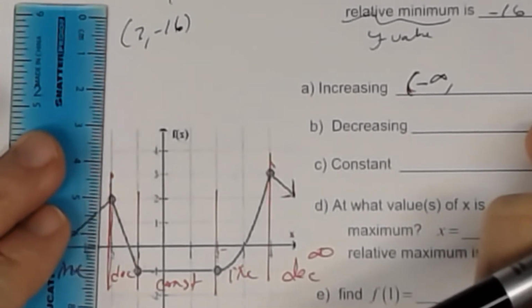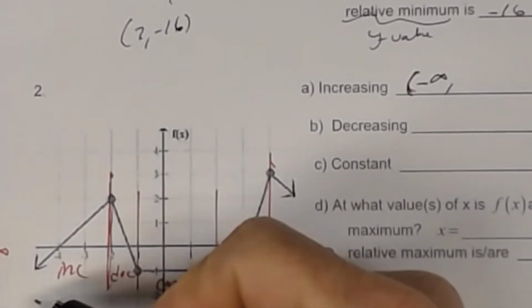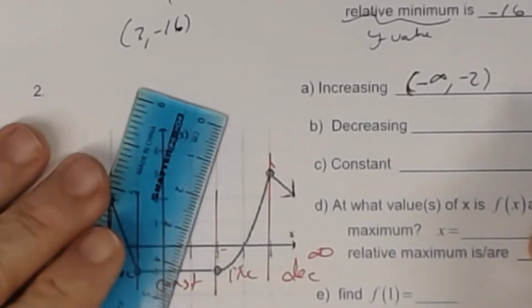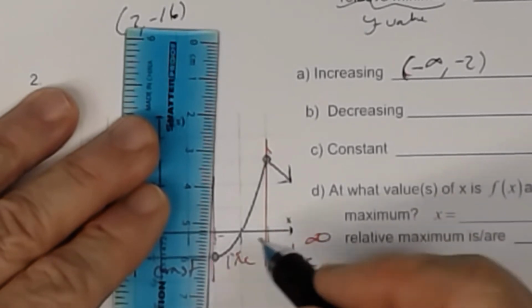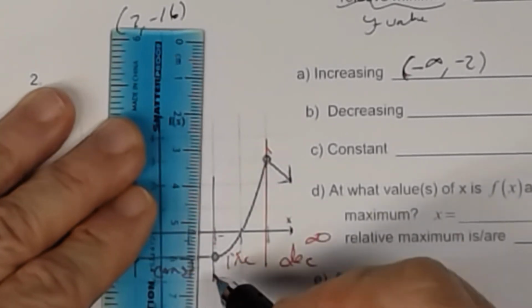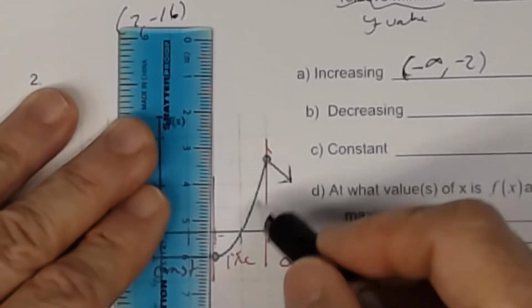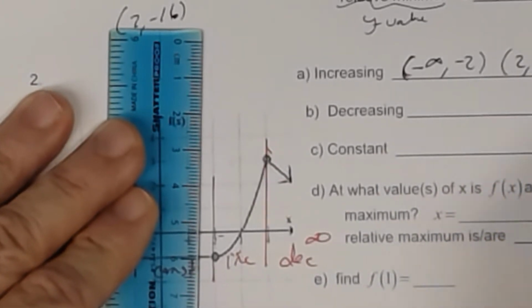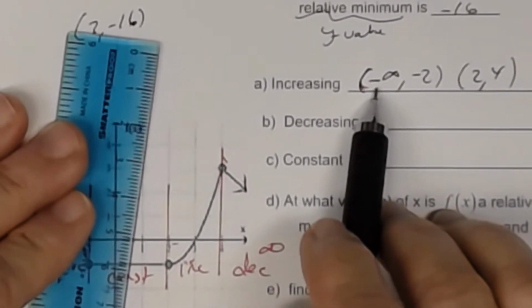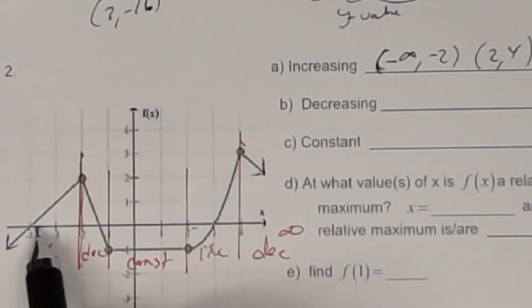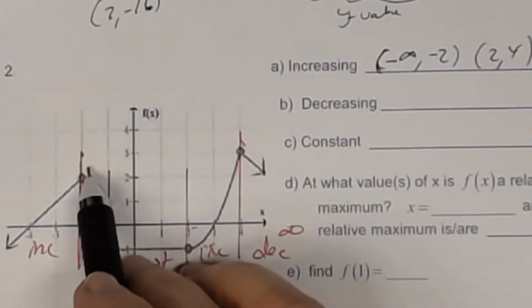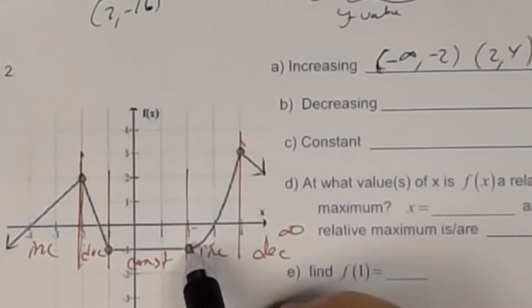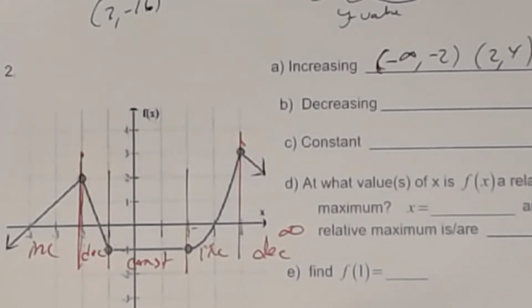So from negative infinity to negative 2, my y values are increasing. And also from 2 to 4, your y values are increasing.